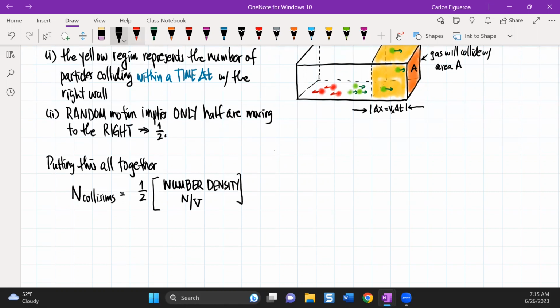That just says that the number of particles are uniformly distributed throughout the volume. That's all it says.